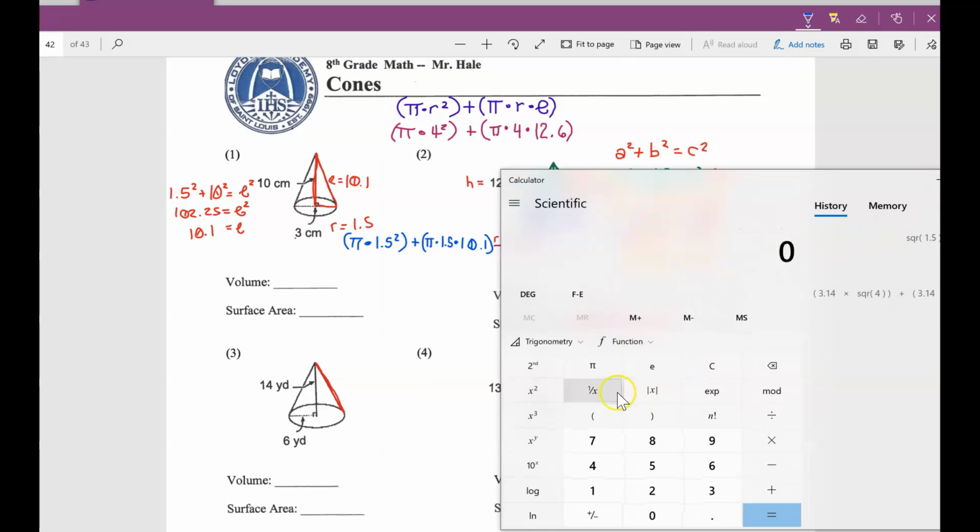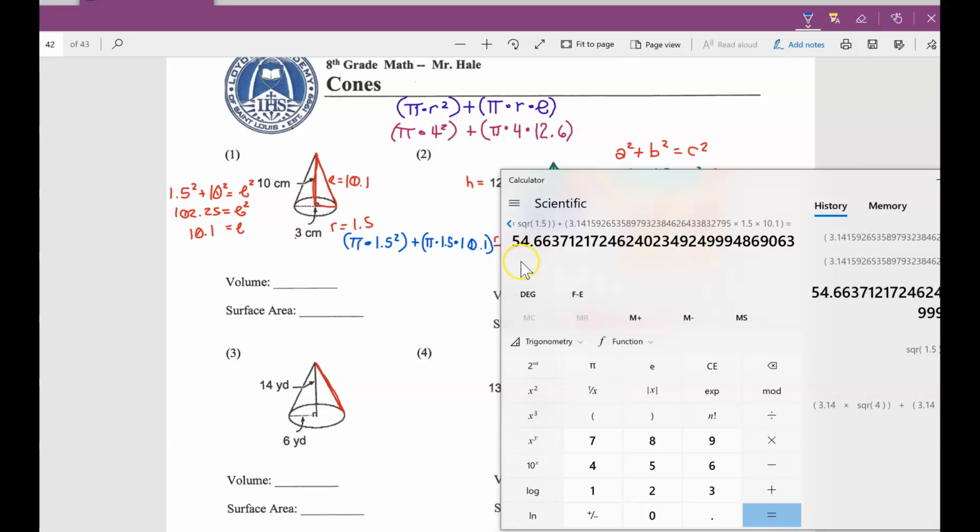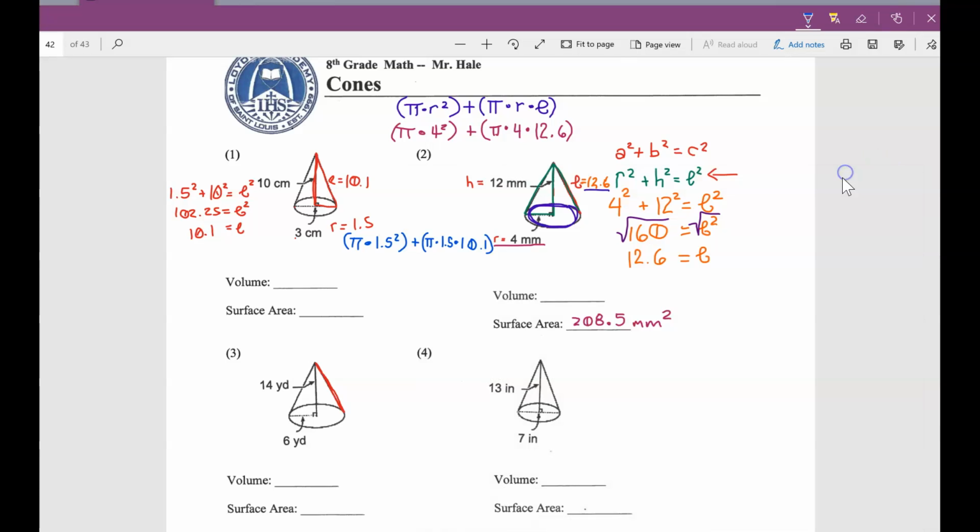So clear everything. Parentheses, pi times 1.5 squared, close parentheses, plus parentheses, pi times 1.5 times 10.1. Hit equals, add them together, 54.66 and change. We're going to call this 54.7.